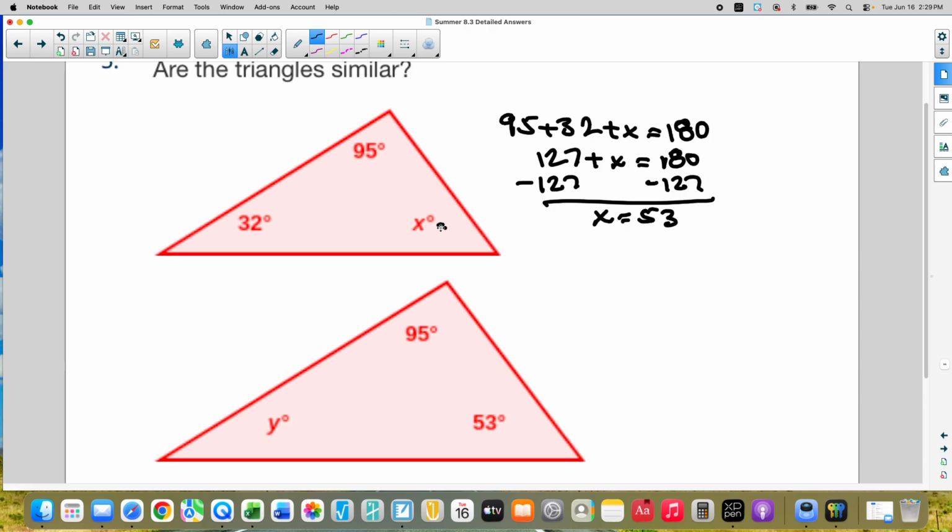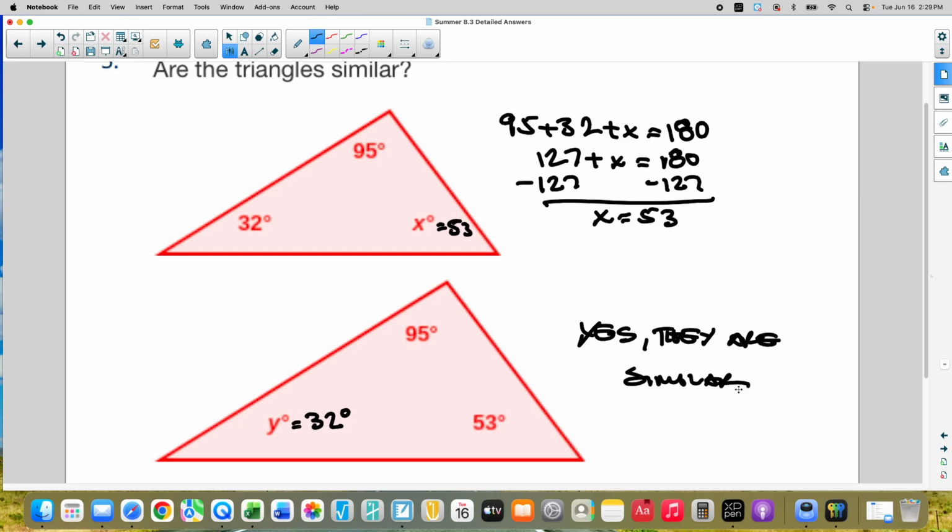So this angle is equal to 53 degrees. And 95 plus 53 plus this gives us 32 degrees. And yes, they are similar, because they have the same angles.